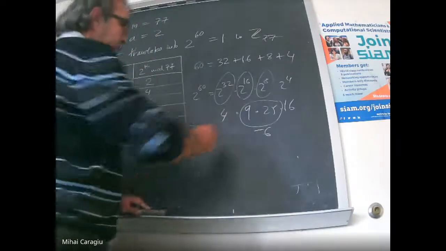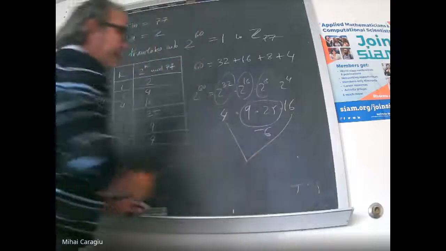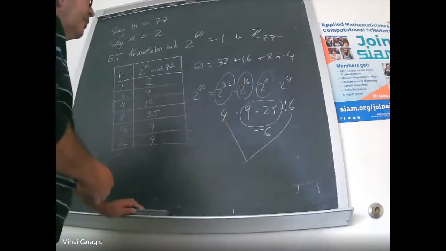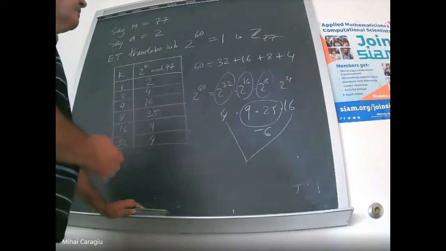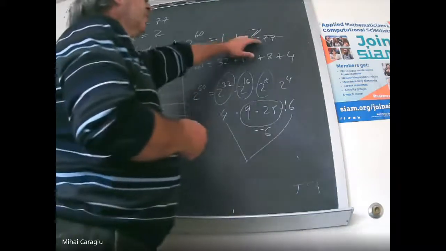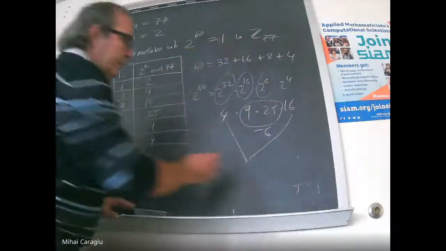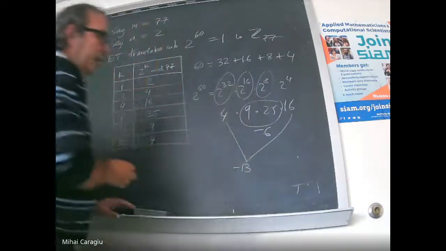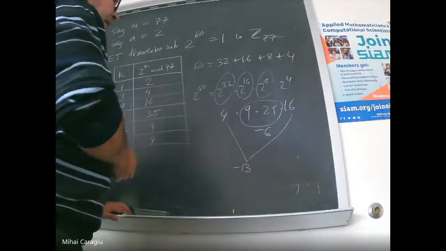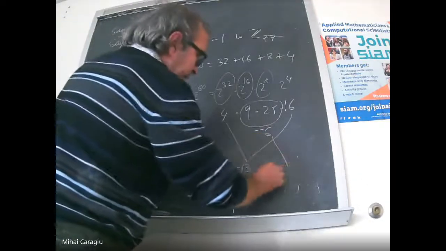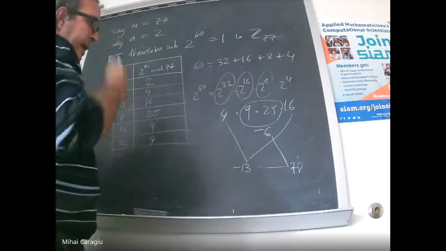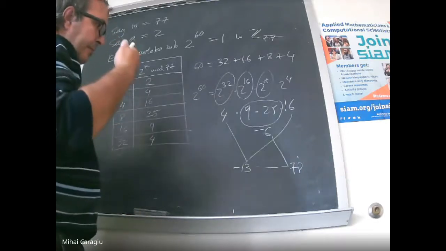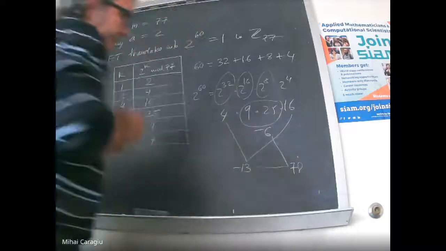What about the other two? 4 times 16 is 64. Now 77 is a 0. So to get from 0 to 64 it will be minus 13. Minus 6 times minus 13 is 78, because a plus appears.